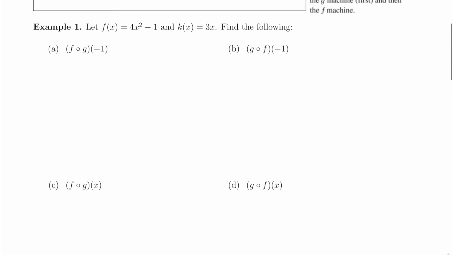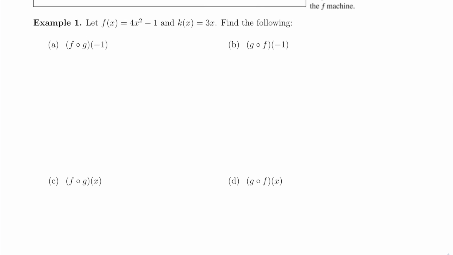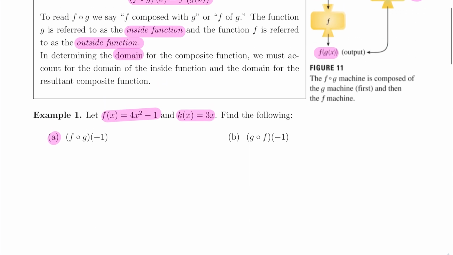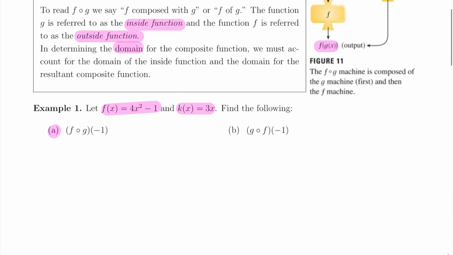So we're looking at the example here where f of x equals 4x squared minus 1 and k of x equals 3x. The first example we will be looking at is A, where we're composing f with g and applying it to our input of -1. So let's go back and think for a moment about what our definition was up there.